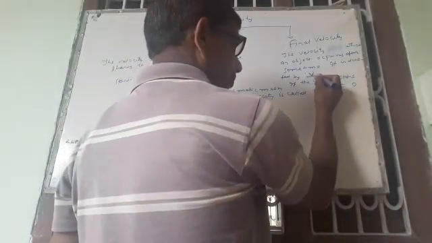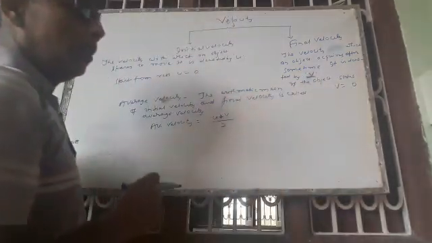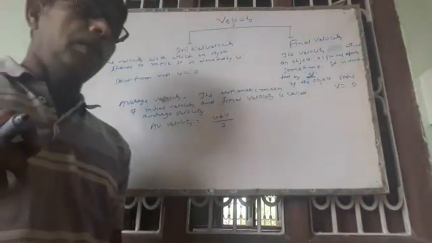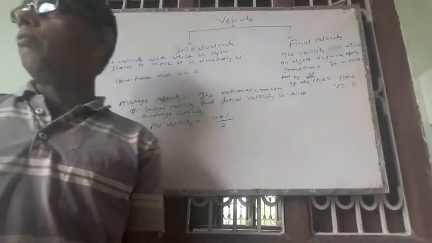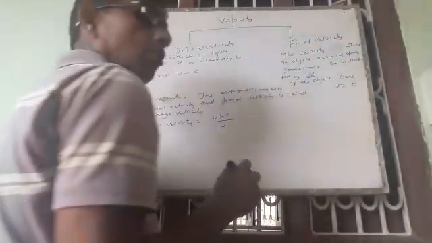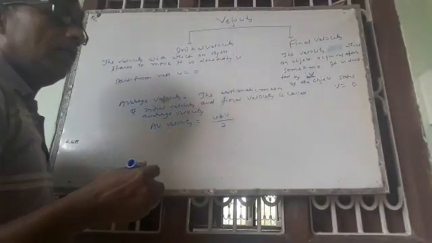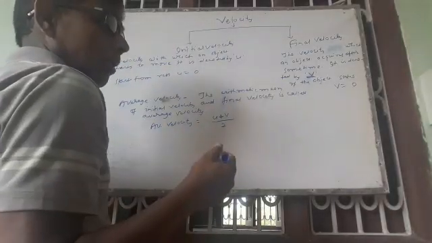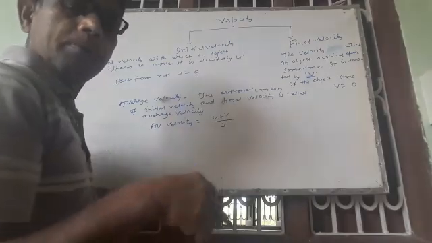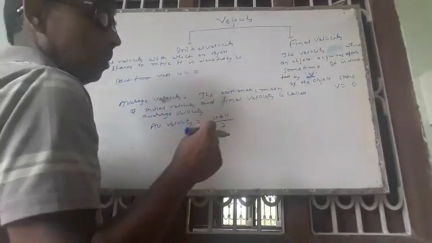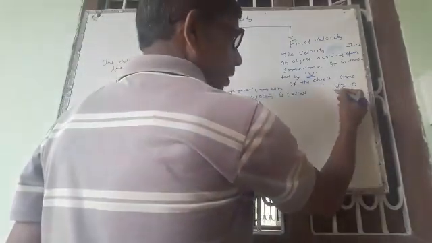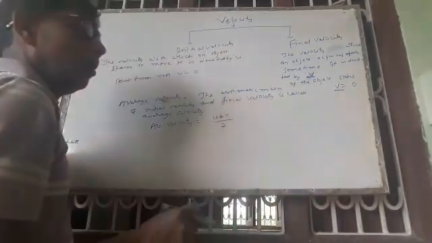v for final velocity. Once again, here is a question: under which condition will final velocity be 0? If an object stops. Suppose an object is moving and the vehicle's driver stops it after some time. In such a condition, v, the final velocity, will be 0.